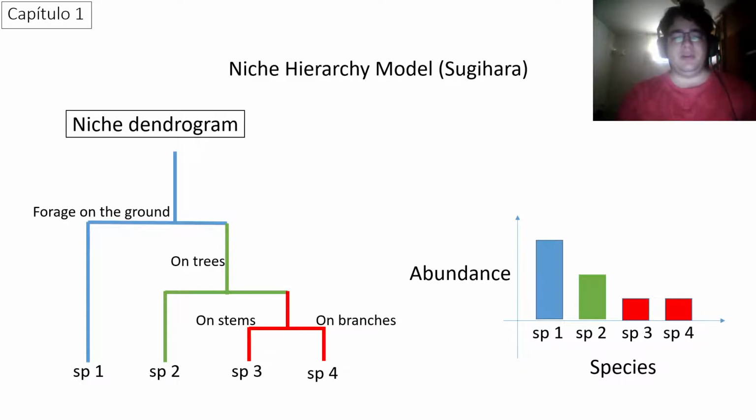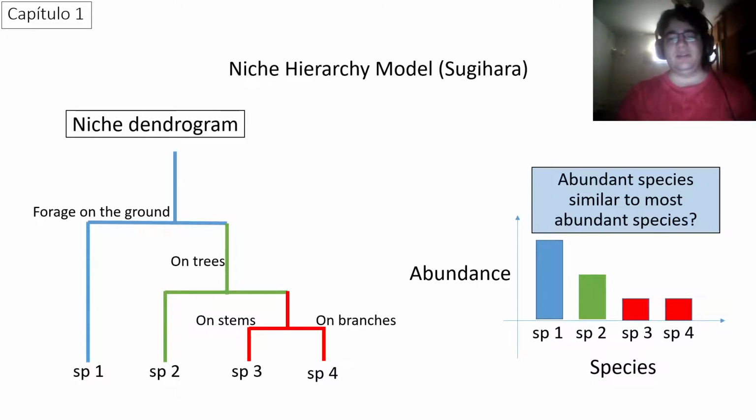Then the species that are more divided in relation to what they get from the habitat have lower abundances. But are abundant species similar to the most abundant species? As we saw here in Sugihara's model, abundant species are not similar among each other.